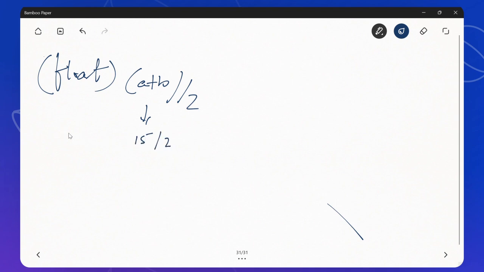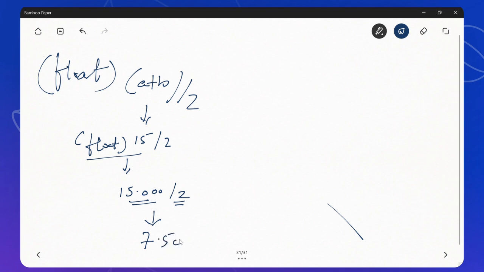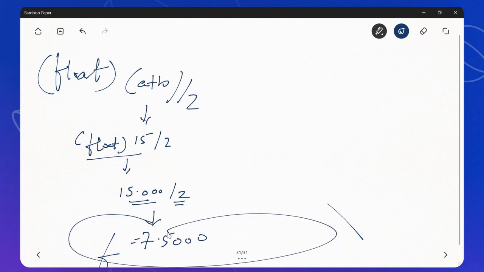Then after that, this float conversion is computed and this 15 is converted into 15.000, and then division takes place. So it becomes float divided by integer, and the answer is 7.500, and it is assigned to a float type variable. So this is how the actual processing is going on.